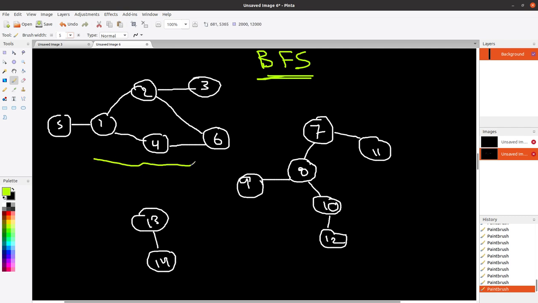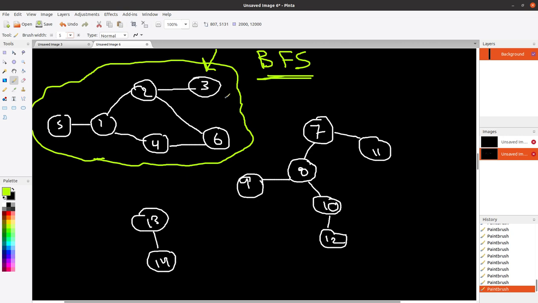First of all, we will find a solution for this set, and we will iterate over all the nodes. For every node, we will call the BFS function to find the solution if we start from this node, and at the end we will take the maximum value of all answers.